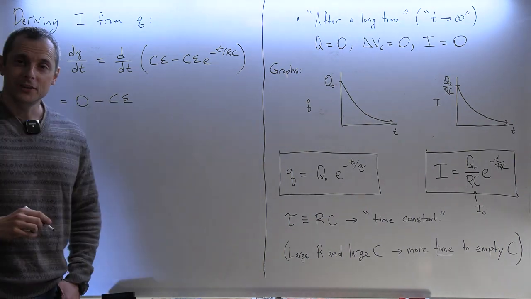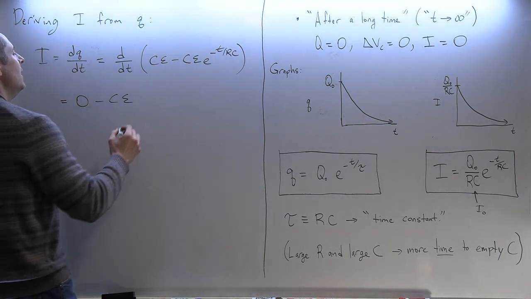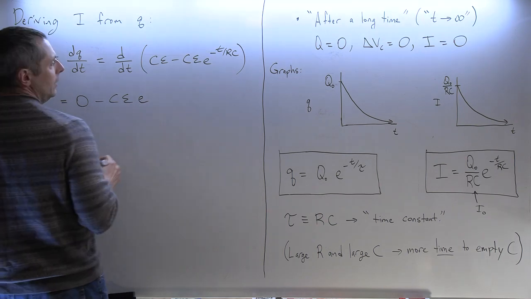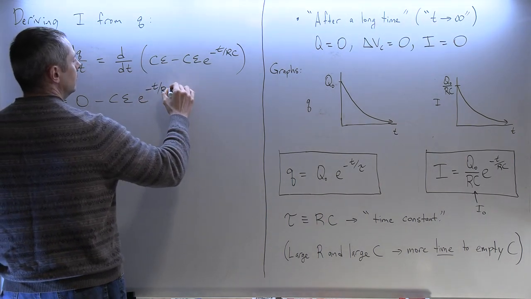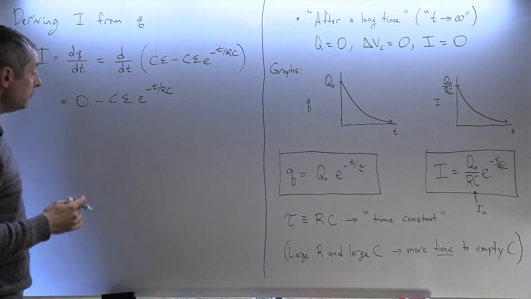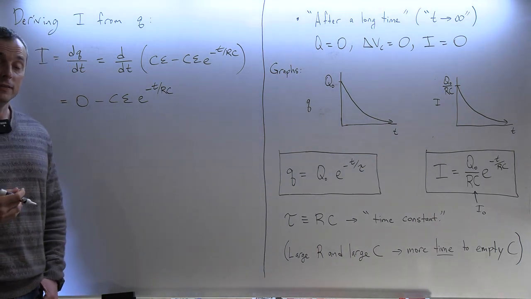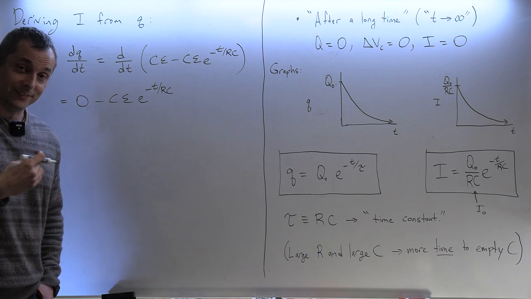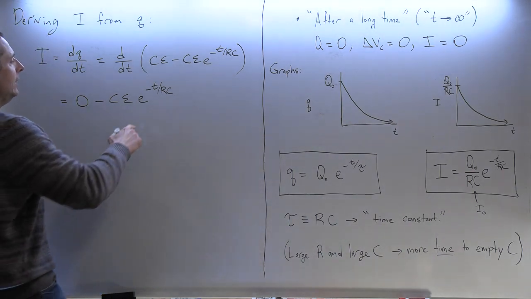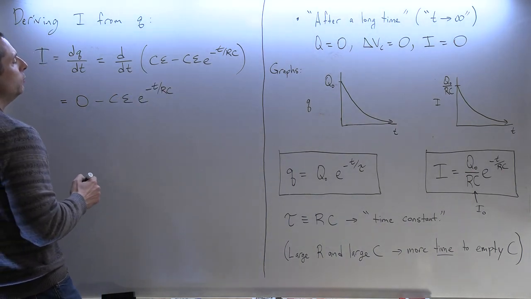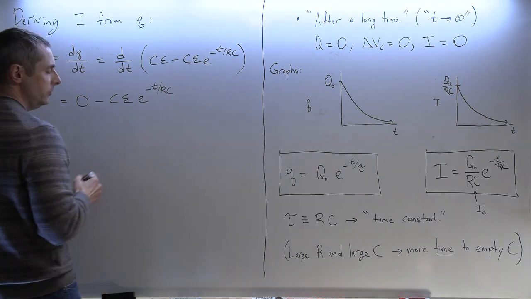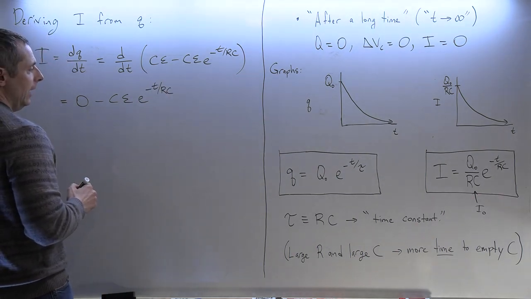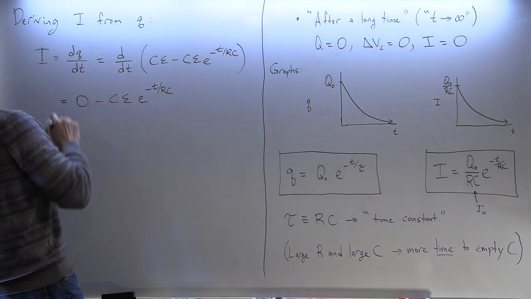And the exponential is a really cool function where the derivative of the exponential is just the exponential. However, that would be true if we had e to the t, then the derivative of that is e to the t. But when we have e to the function, we've got to use the chain rule. So what we have to do is multiply by the derivative of all what's inside the exponential, the derivative with respect to time.